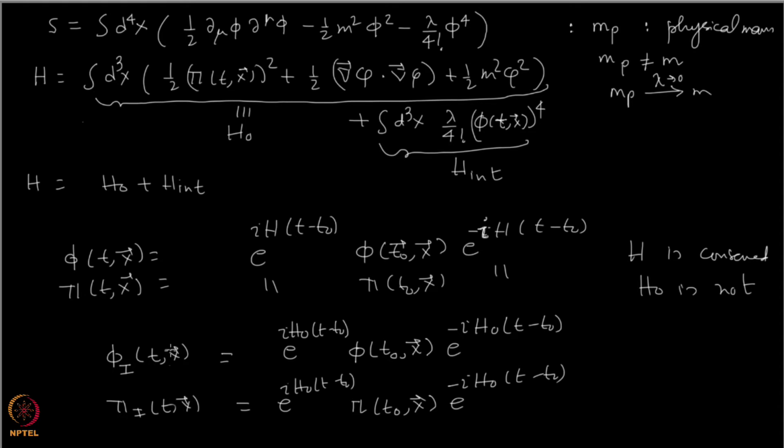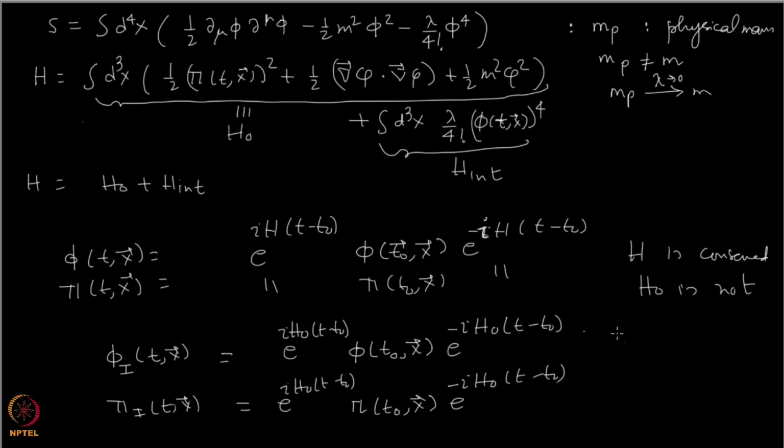Okay, so what is phi I? How do you get phi I? Phi I is the operator which you get by doing this. If you take the operator phi at time t naught and evolve it with the free part of the Hamiltonian, then what you get is phi I, and similarly for pi. So that's the definition of these two operators, phi I and pi I, and they are called interaction picture field and interaction picture momentum.